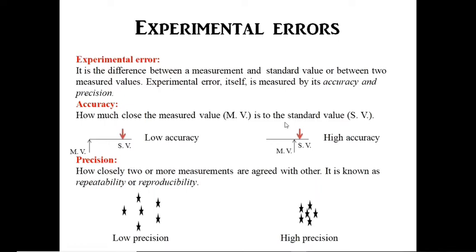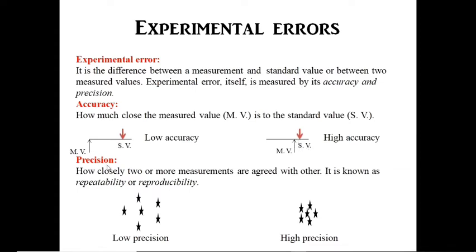Suppose here is the standard value and your measurement value is here. It will be very far from the standard one as compared to this one. Here you can say very low accuracy as compared to this one. Here it is a very high accuracy because the measurement value is very close to the standard value.